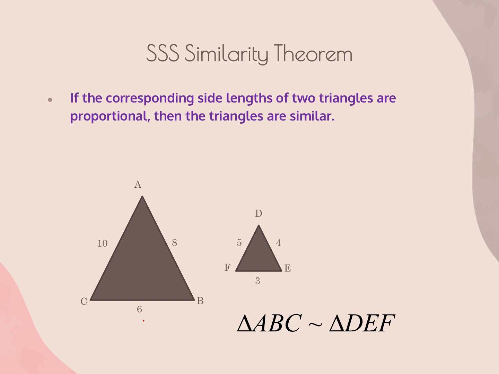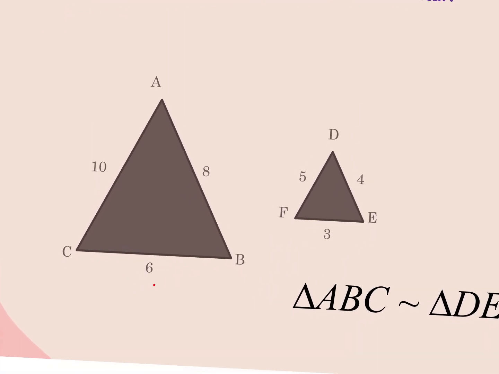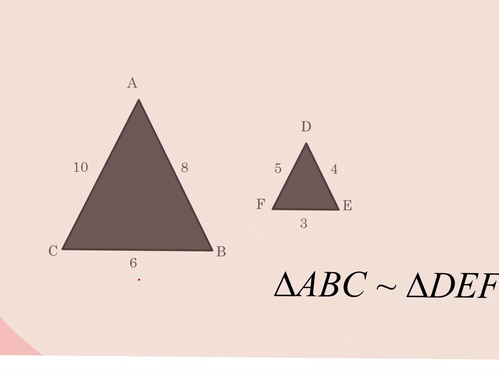Now, let's say you weren't given that similarity statement at the bottom and you weren't sure which sides to match. What we can do instead, when you're not given the similarity statement, is look at how big each side is. So if I zoom in here to the picture, I would look for the smallest side of the big triangle, ABC, and that smallest number is the 6.